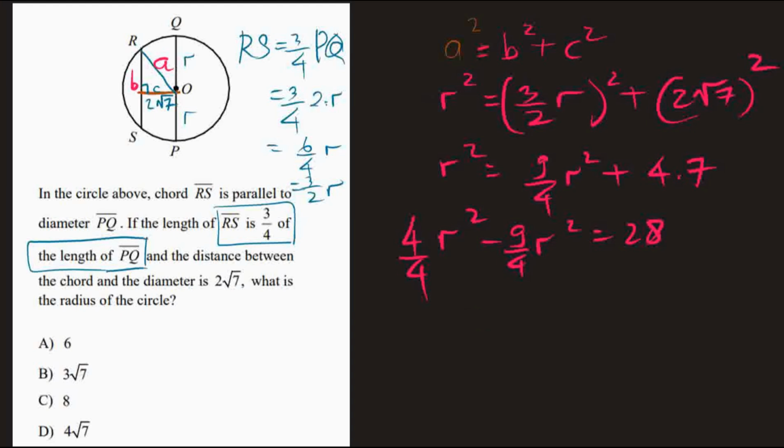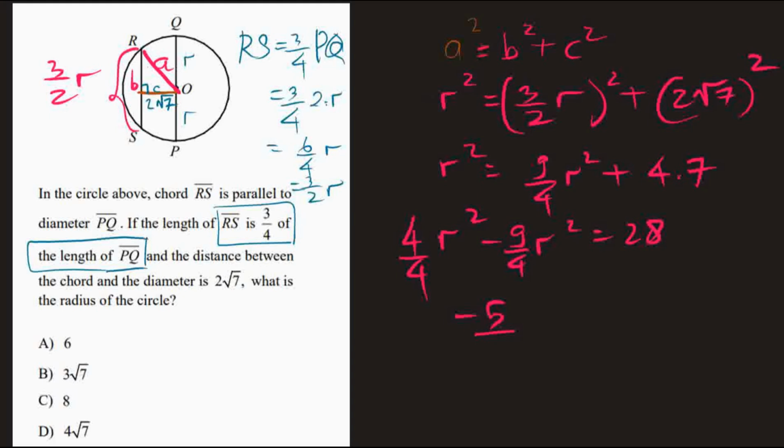Now we have 4 minus 9 is minus 5 over. Oh, there's a mistake here. And here we have to use RS is this one. RS is 3/2R. Now for this triangle we have to use half of RS.